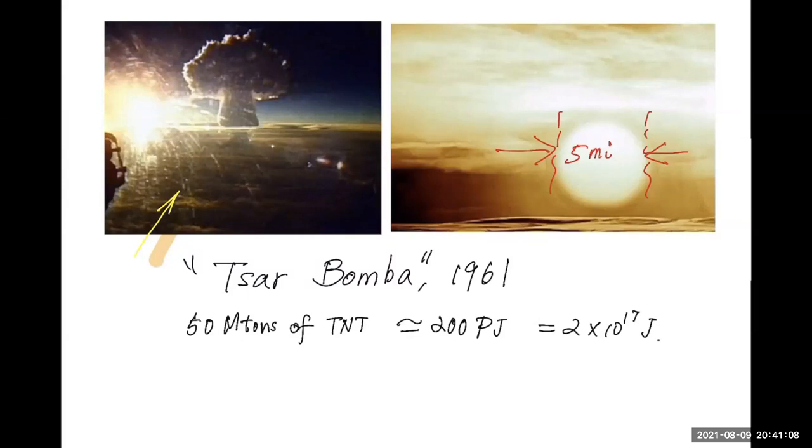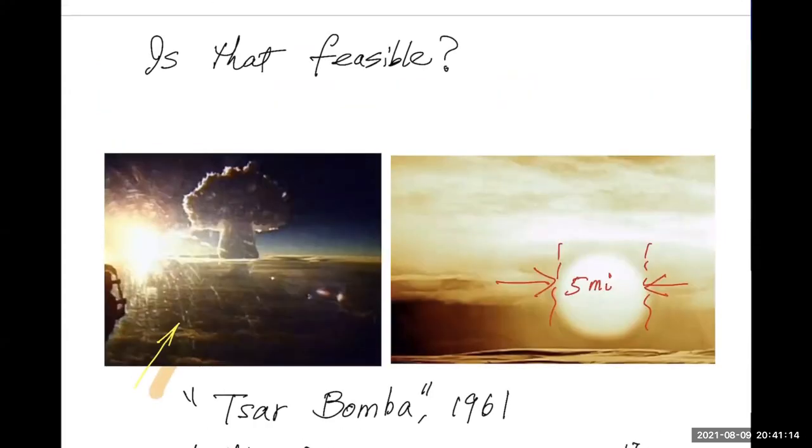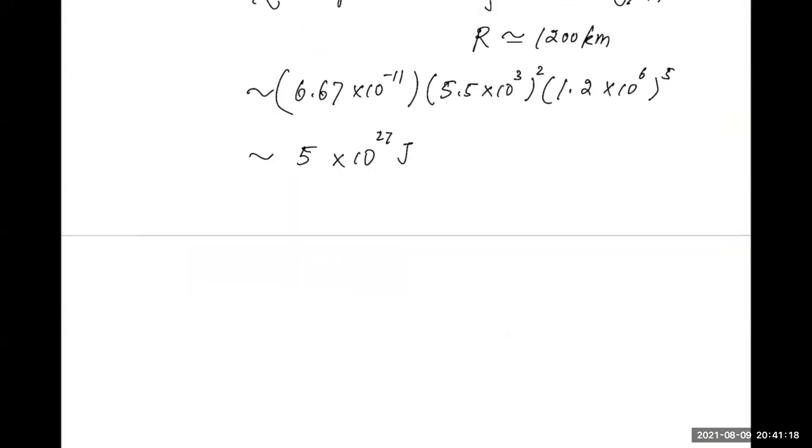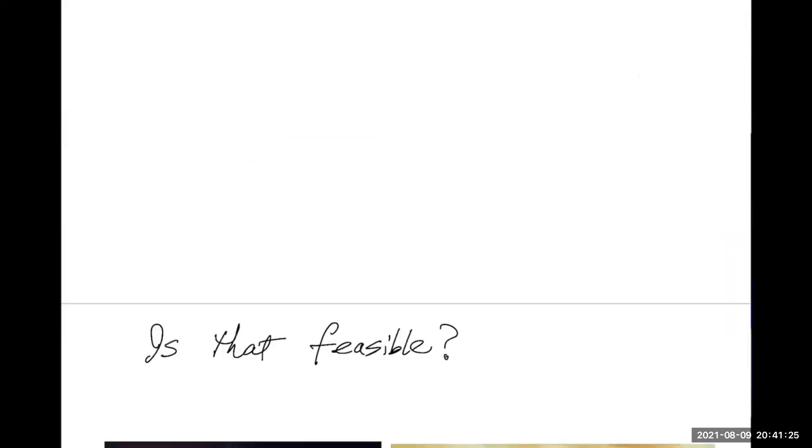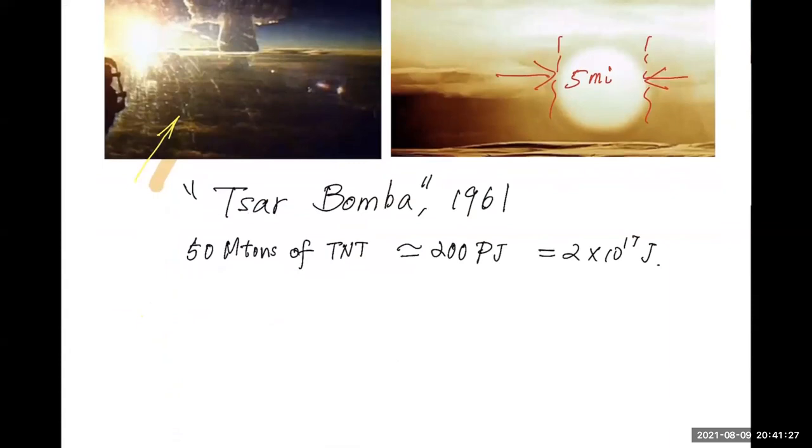But if you put a bomb like this at the center of that asteroid, would that be enough to shatter the asteroid? Well, the energy it would take to do that, as we calculated, was 5 times 10 to the 27 joules. And here, each Tsar Bomba would release 2 times 10 to the 17 joules. So how many Tsar Bombas would it take to do that job?